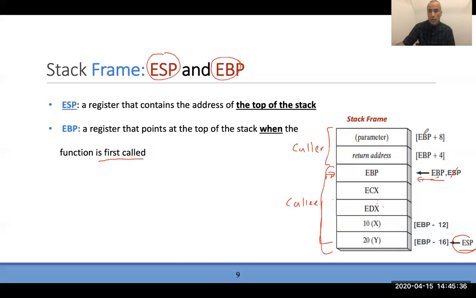If you go up, that's the direction of the memory. If you want to access this value here, you say base pointer plus 4. If you want to access this, then base pointer plus 8. It's very interesting. If you want to access something at the bottom, then you have to say minus, right? Because we are moving in the stack direction, and the stack direction is the opposite of the memory direction.